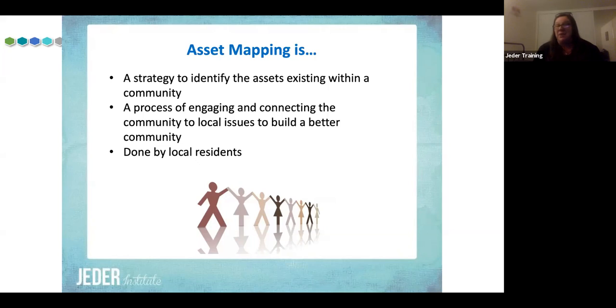And it's done by local residents, and that's really important. I think this is going to shift in this environment now, particularly with people online, because what does local mean now? What does that actually mean to the people who are connecting? Being a nomad for 5 years, my community has been mainly online.